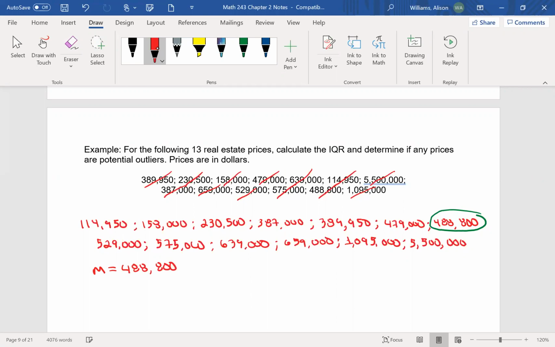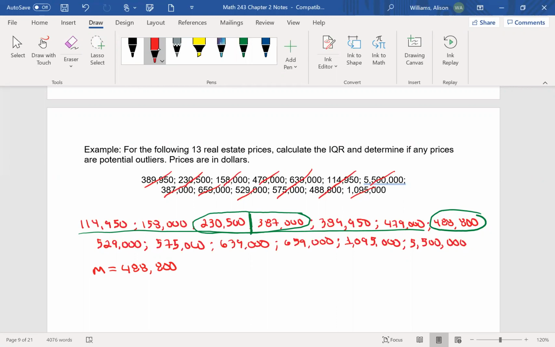All right, so Q1 is going to be in the middle of the top half up here. So 1, 2, 3, 4, 5, 6. So it's going to be in between these two, right? In between those two values right there.